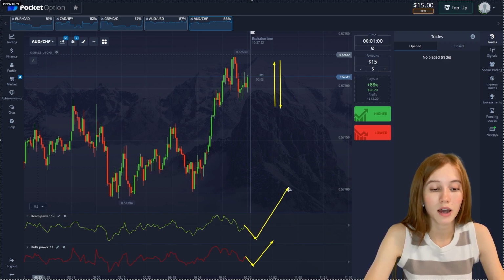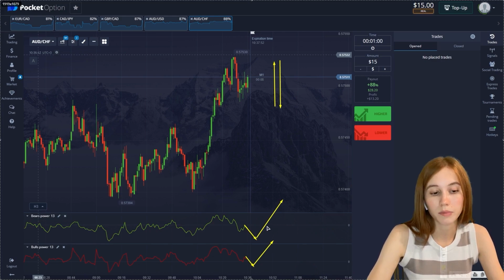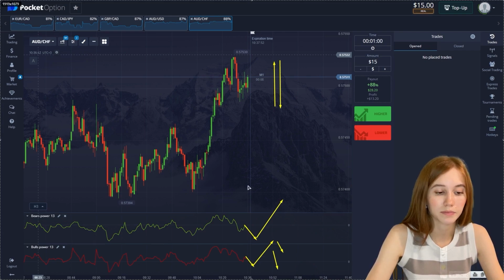Such moments happen when 2 moving averages are directed either up or down, and this also happens not on one candle but on different ones. That is, the first candle is up, the other is down. There can also be such situations.